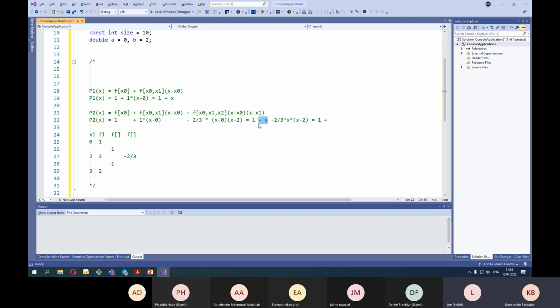Here I have plus x, and here I will have minus on minus gives us plus 4 over 3x, right? 4 over 3 plus 1.